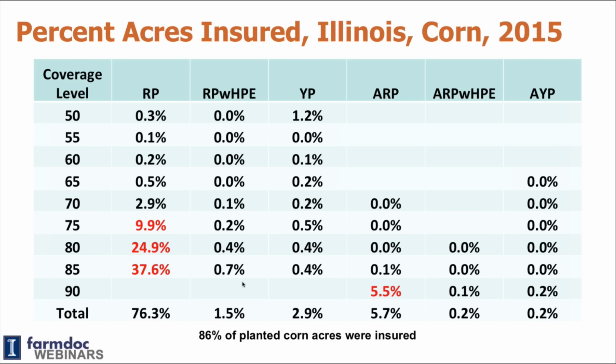But if you really want to get away from the premiums associated with these, you could move down to RP with harvest price exclusion. And in fact, I would go down to this policy before I would think about a whole farm policy.